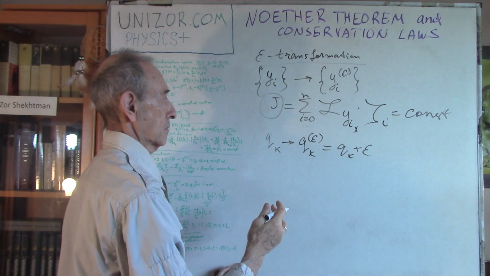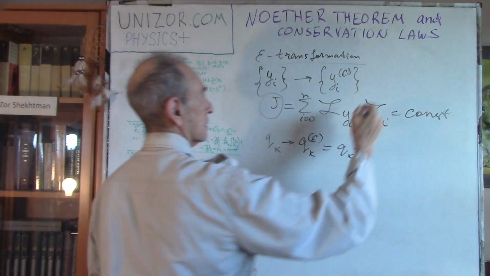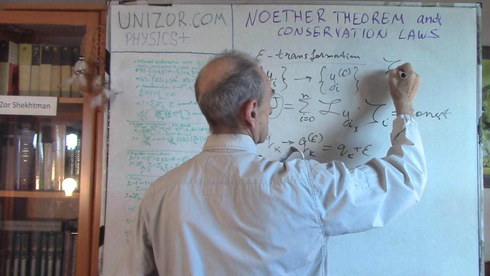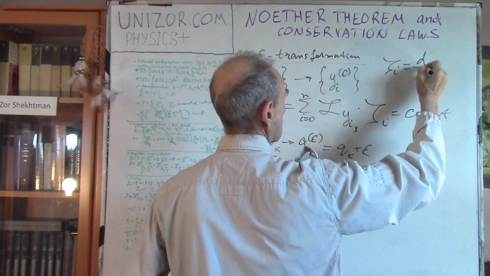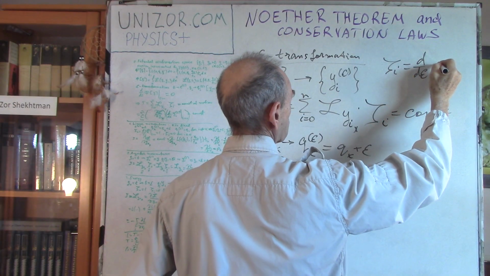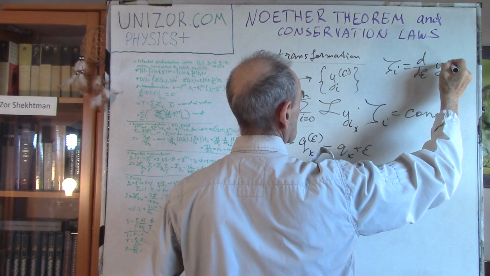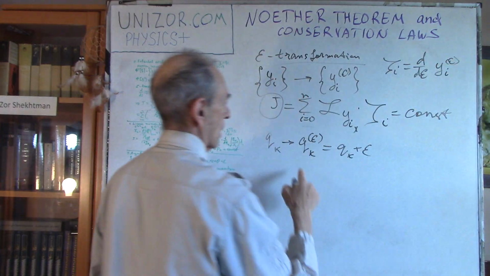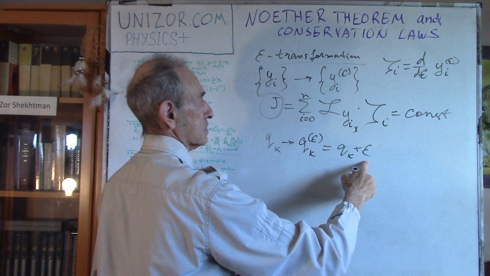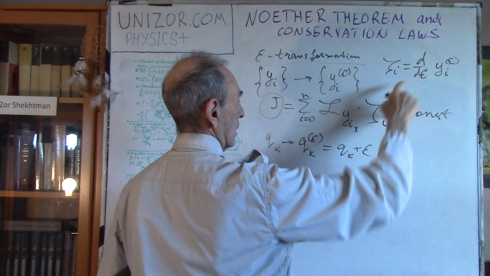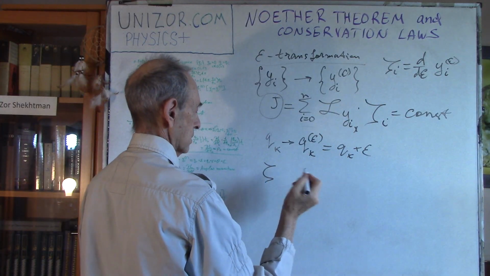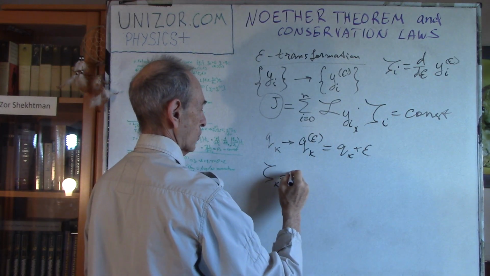So zeta_i is the derivative by epsilon of y_i of epsilon, and in this case the derivative for i equal to k is equal to 1, so zeta_k is equal to 1.